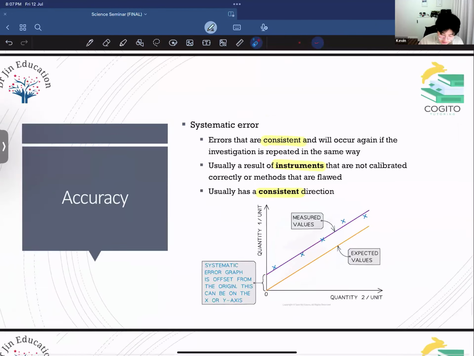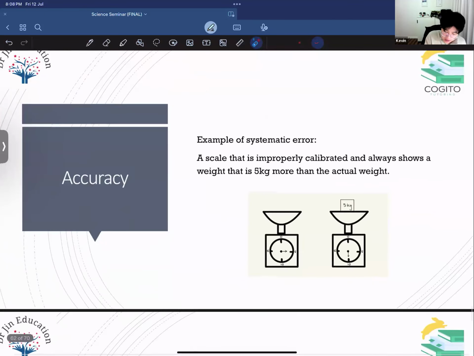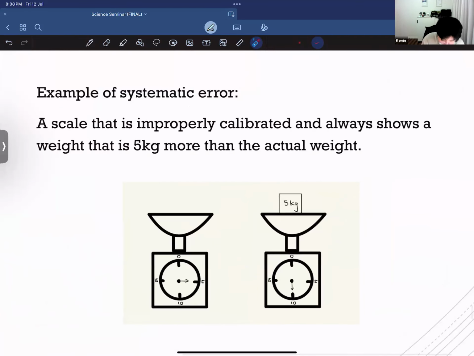Another example, a scale that is improperly calibrated and always shows a weight that is 5 kilograms more than the actual weight. So look at this, I drew a little diagram. This is a scale. Even when there's nothing on it, what is it pointing at? It's pointing at 5.